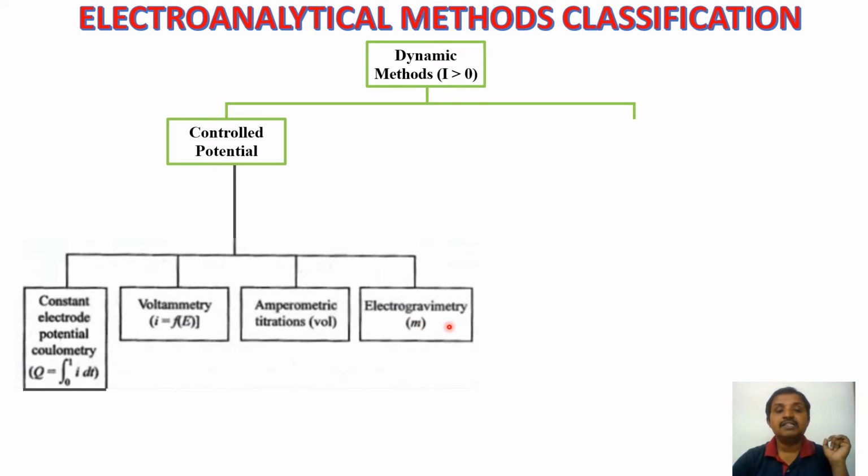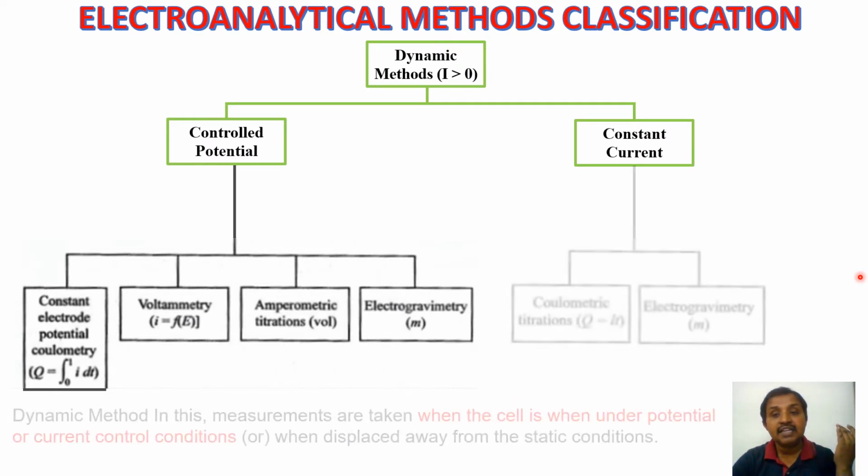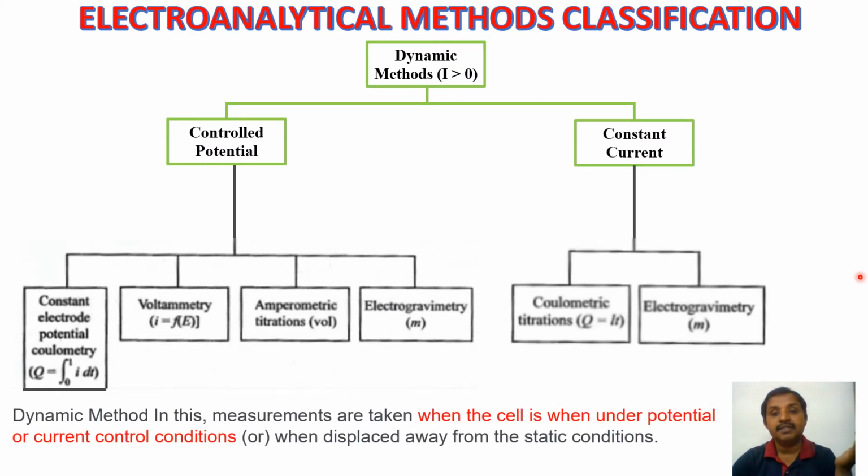In our syllabus, we are discussing potentiometry, voltammetry, and conductometry. Now, the constant current method is further classified into two types: coulometric titration and electrogravimetry.